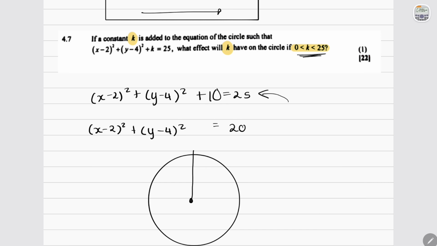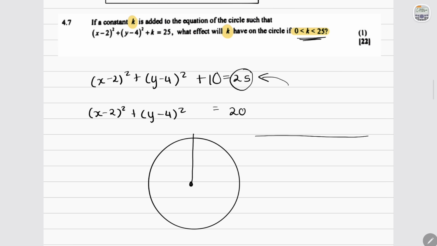It used to be 25, but the bigger this number gets, the smaller the radius becomes. Because k is greater than 0 but less than 25.